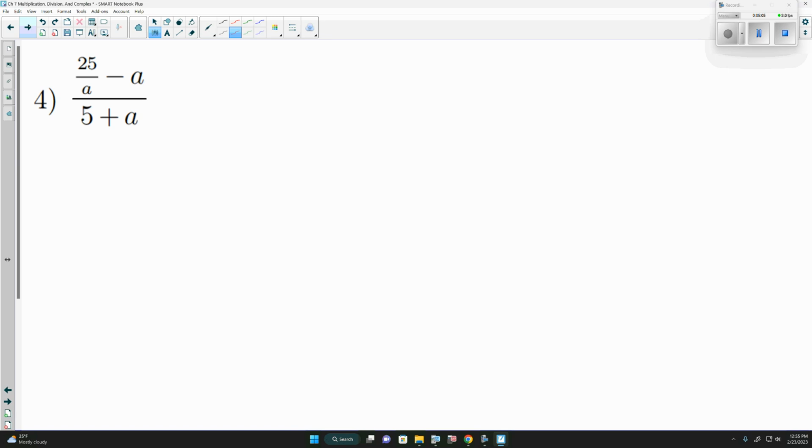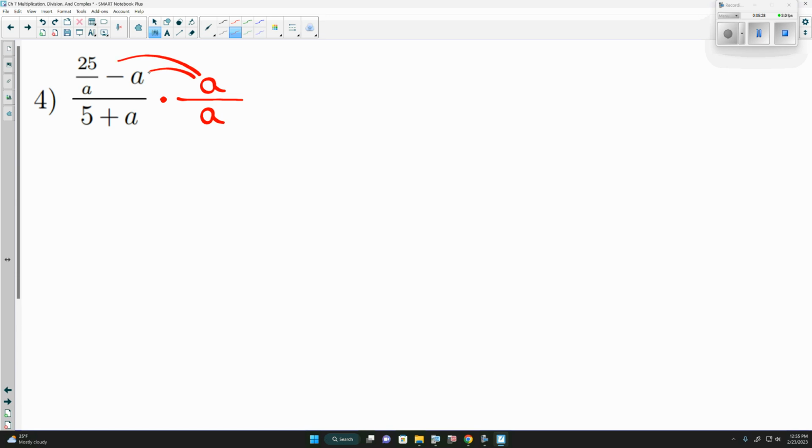So, let's look at the next one. The only denominator we have is the one on top, because we're not thinking of 5 plus a as the denominator. It is 1, but we want to simplify the denominator and the numerator of this fraction.